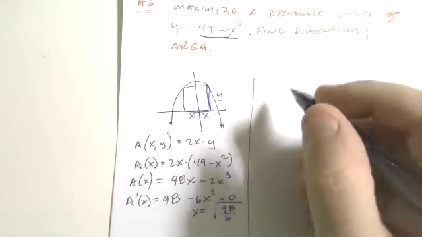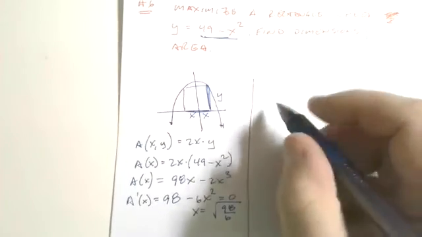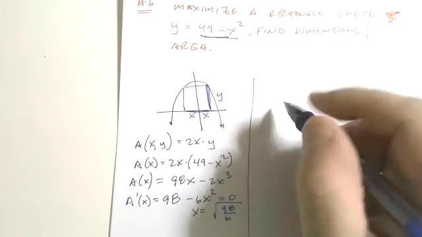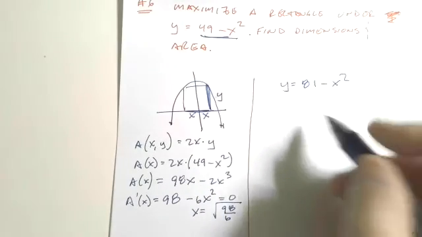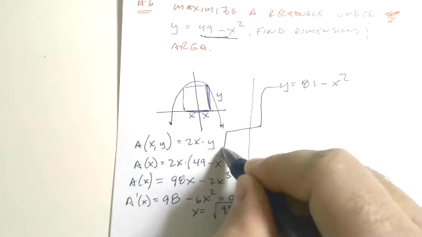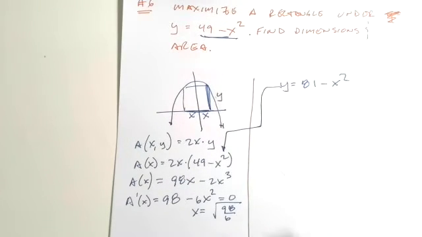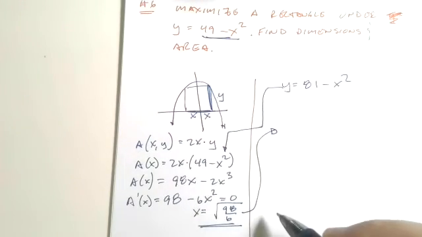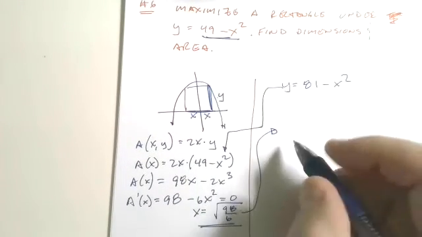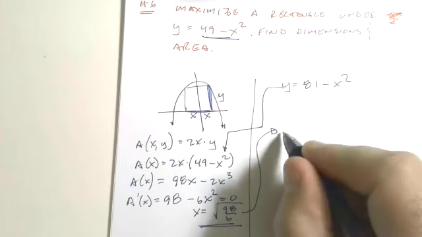Now, I'm actually not going to do the other problem, but the other one that somebody asked me for was y equals 81 minus x squared. And you can see you would sub that in here. All right. This is not even remotely done. They want the dimensions of the rectangle.